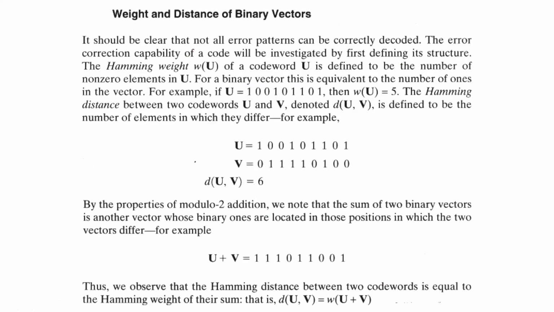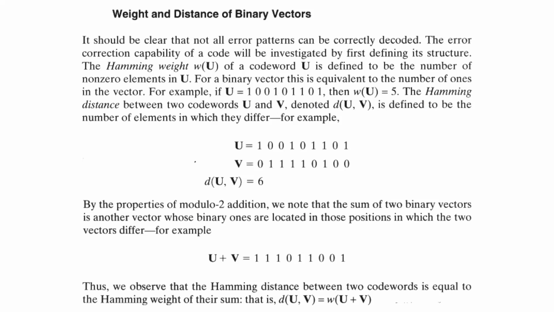If I ask you to find the minimum distance of this code, you are supposed to calculate the distance between each pair of code words. You can well imagine how many combinations you will have to check. If there are 50, then every code word will be checked with the other 49, so it will be a huge task to perform.